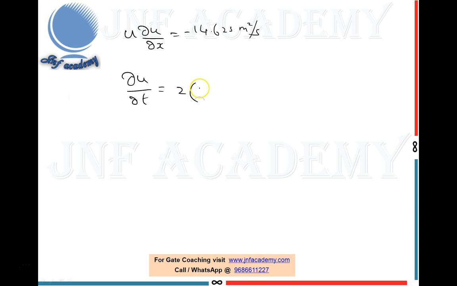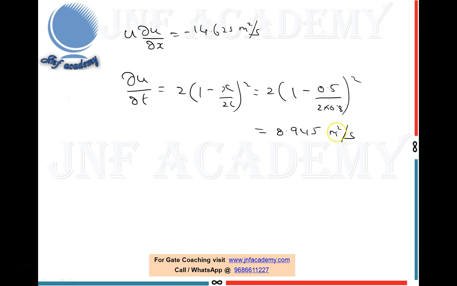So 2 into (1 minus x by 2L) the whole square, that is 2 into (1 minus 0.5 by 0.8) the whole square, and the value comes out to be a very straightforward 0.945 meter per second square. So now you have got the local acceleration as well.